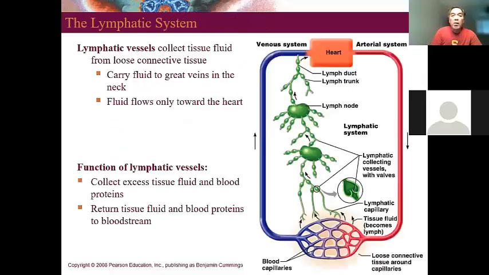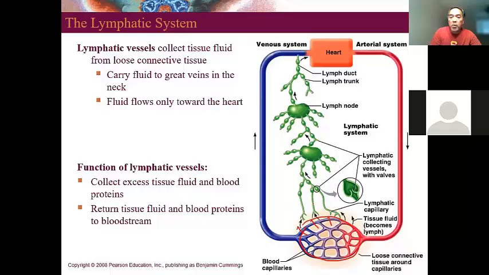Now, here is a lymphatic system, okay? Now, remember, the lymph is a fluid that is produced by the blood vessels. Remember, the fluid from the blood vessels will go into the tissue, and the fluid will then have to be drained back into the lymphatic vessels.